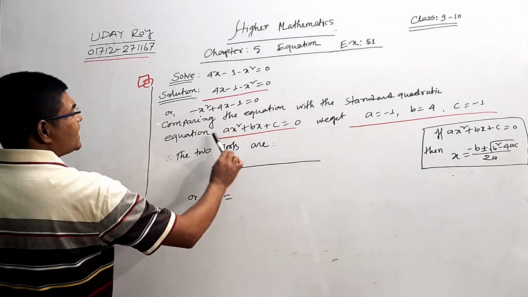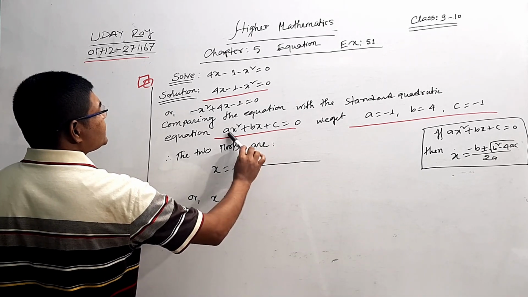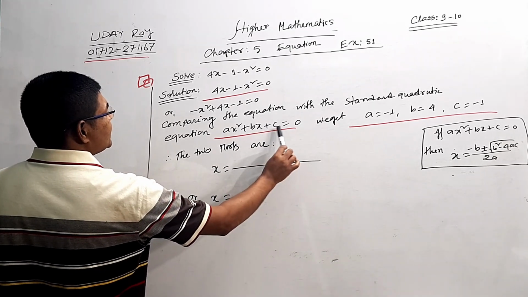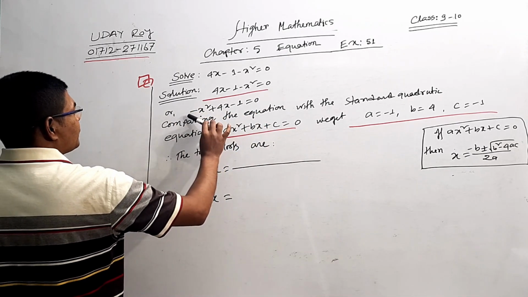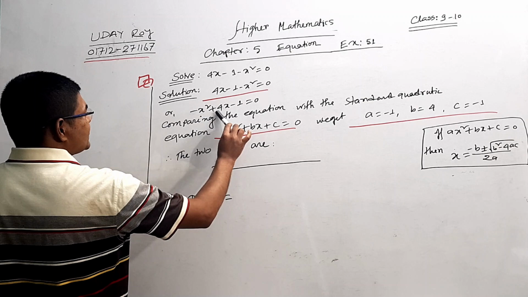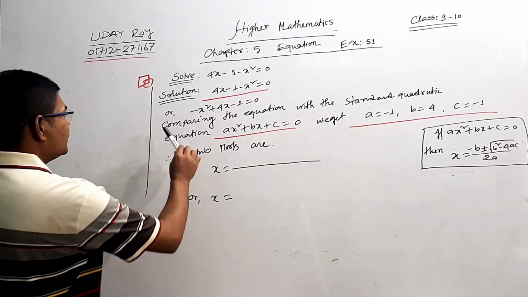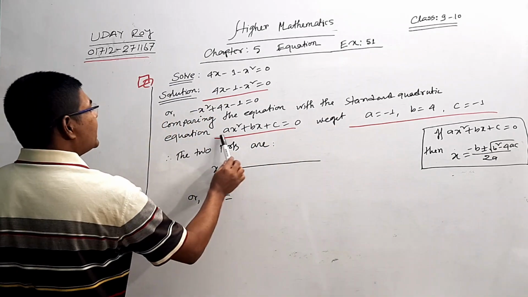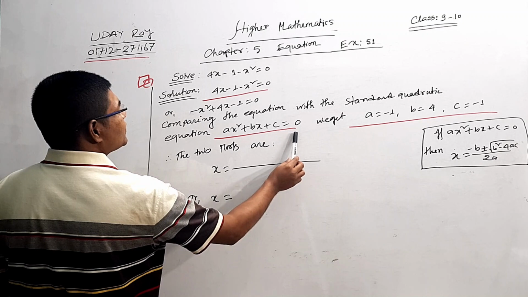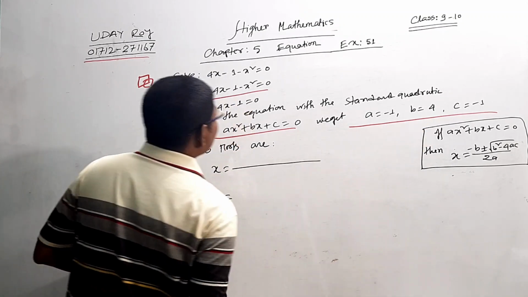Just rearrange it in the standard quadratic equation form, ax square plus bx plus c equal to 0. So x square will come in front, so minus x square plus 4x minus 1 equal to 0. Then you have to write, comparing the equation with the standard quadratic equation ax square plus bx plus c equal to 0, we get a equal minus 1, b equal 4, c equal minus 1.